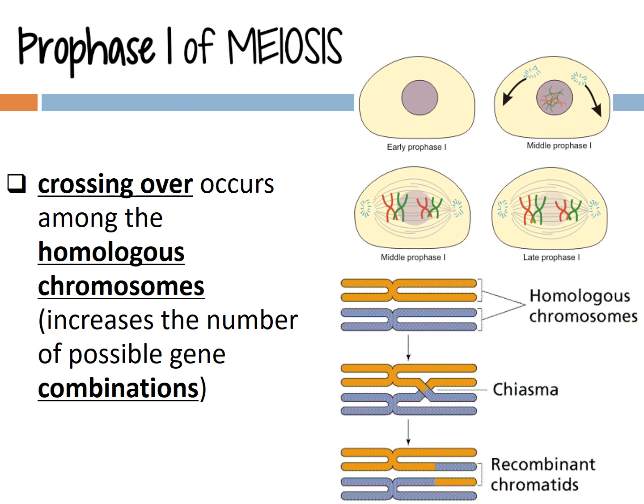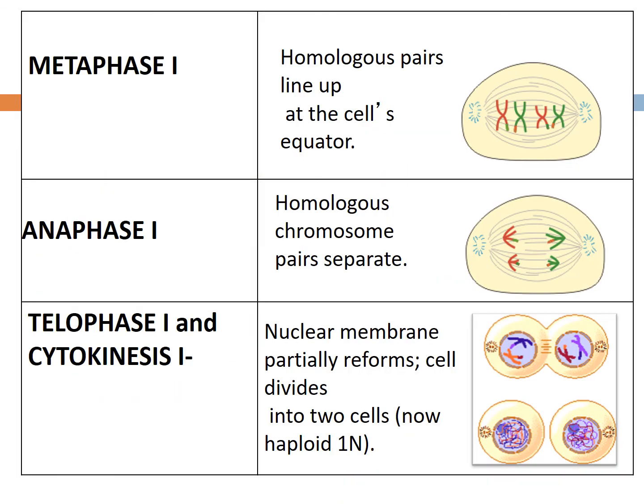In prophase 1, we have crossing over that occurs among homologous chromosomes. It increases the number of possible gene combinations. So instead of us looking exactly like our parents or looking exactly identical to one of our parents, now we have a little bit of each. In metaphase 1, we have homologous pairs line up at the cell's equator.